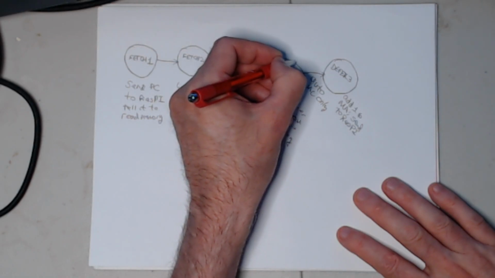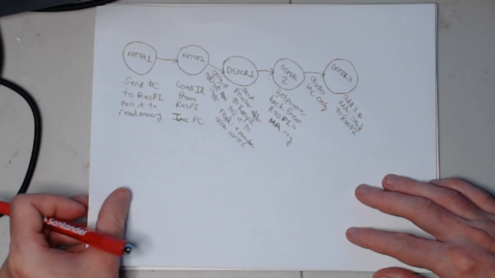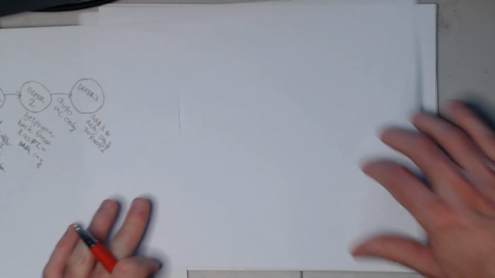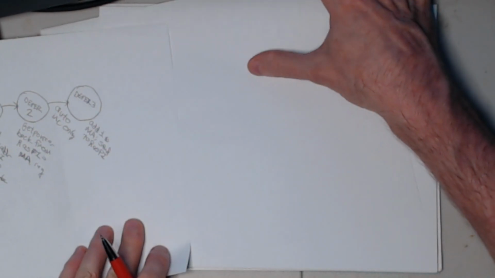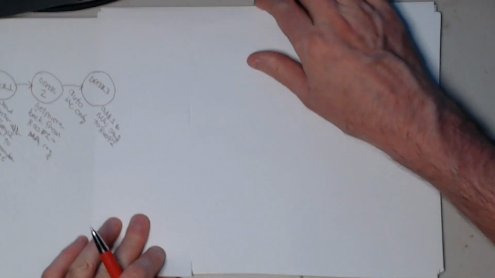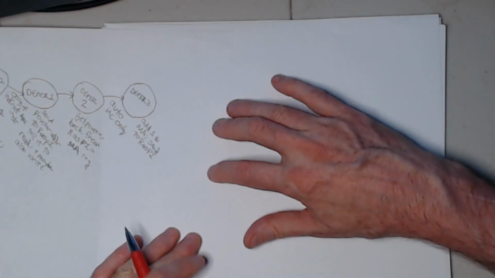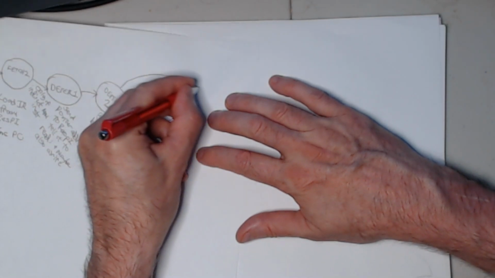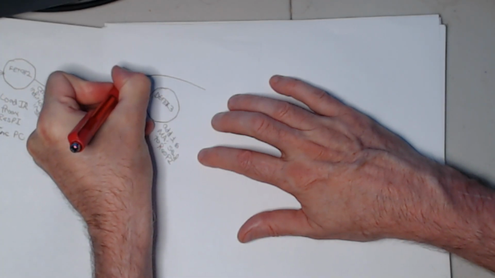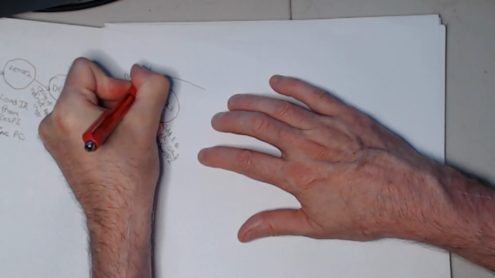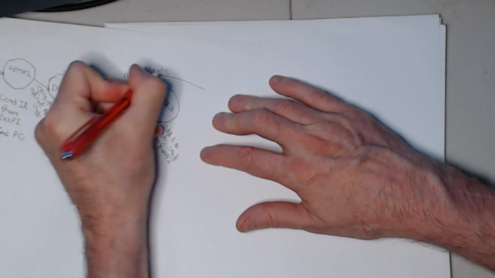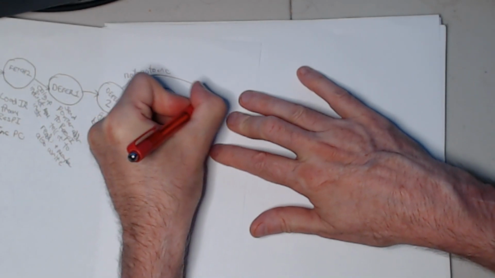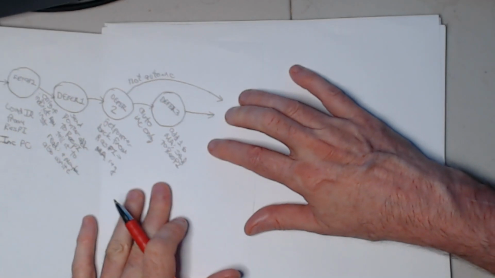Okay, so now the next big thing here is the execute cycle. So we'll shuffle this over here. Now we're actually ready to execute an instruction. So let's say here, not auto increment, and this would be always.